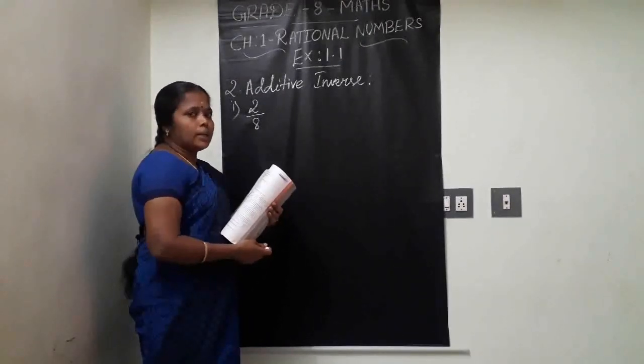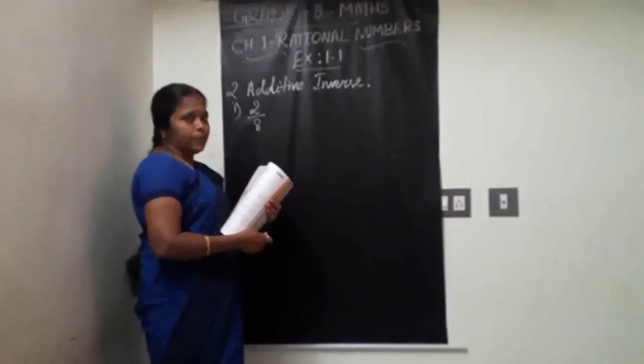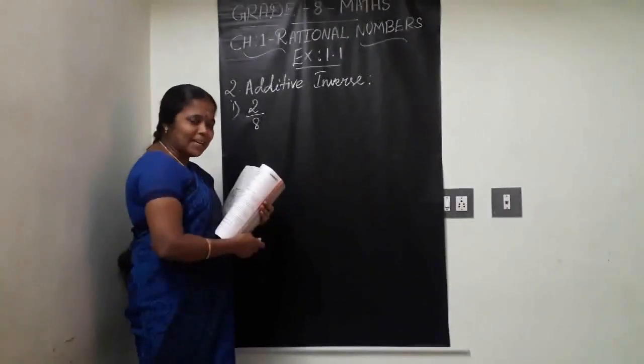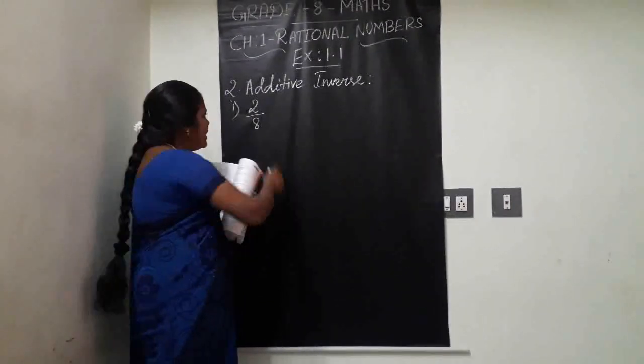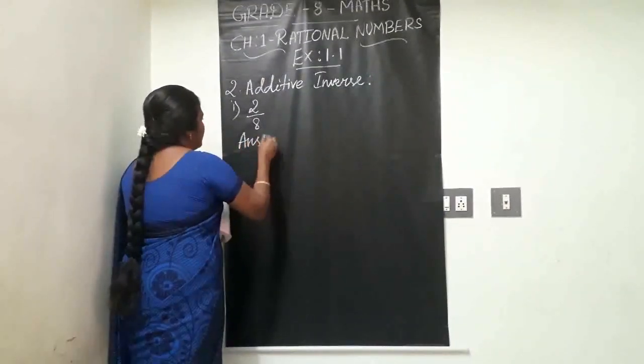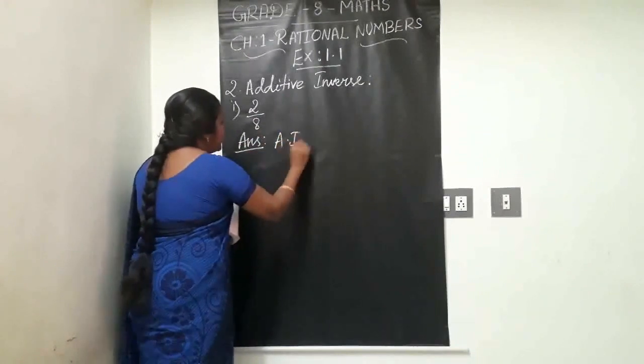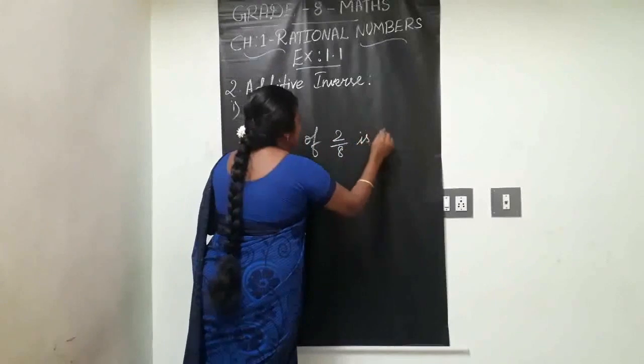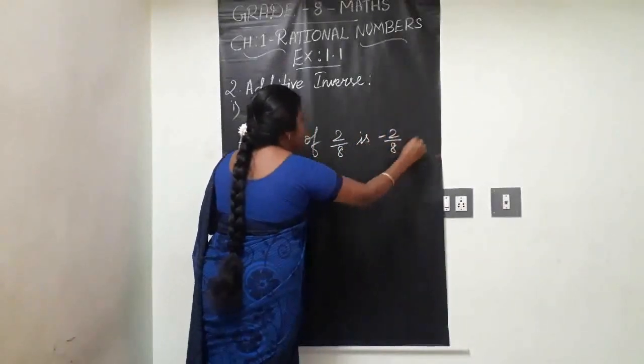You know well, you have to give the negative number. Here the question is 2/8. What is its additive inverse? Minus 2/8 only. The additive inverse of 2/8 is minus 2/8.